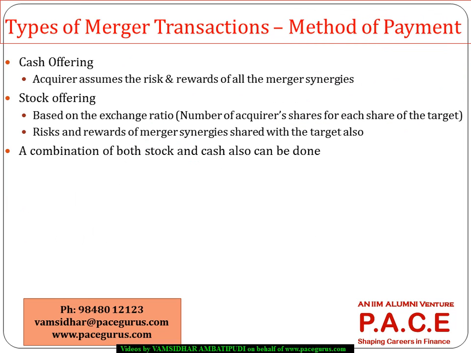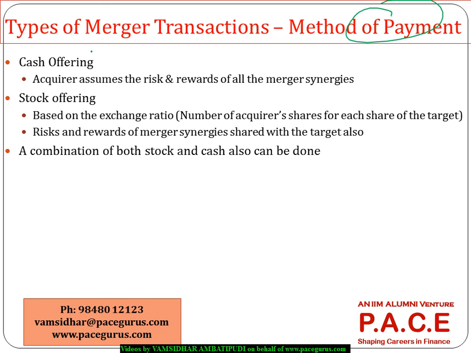Next, the other classification that we look at is based on the mode of payment, wherein we can talk about cash based payment or cash offering versus a stock offering. In a cash offering, the entire cash goes to the target company's either shareholders or the company. In case of stock purchase, it is the shareholders.